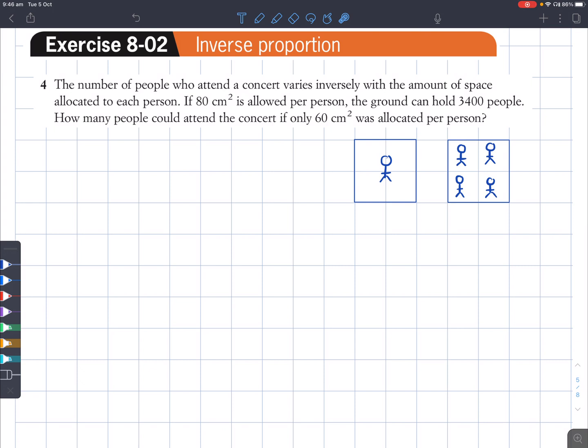So as the space goes up, in this case the space is bigger in this one, the number of people that is allowed to be in that big square is going down.